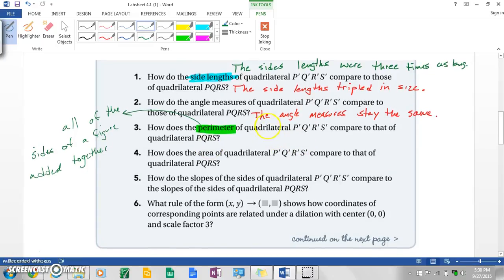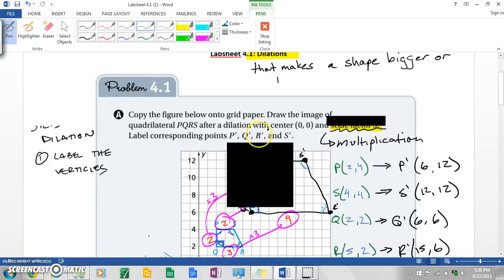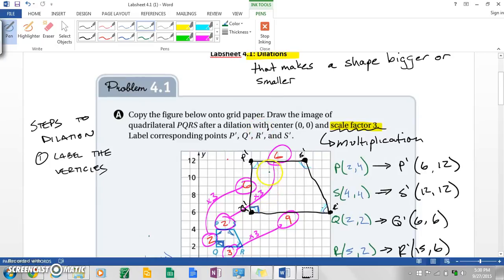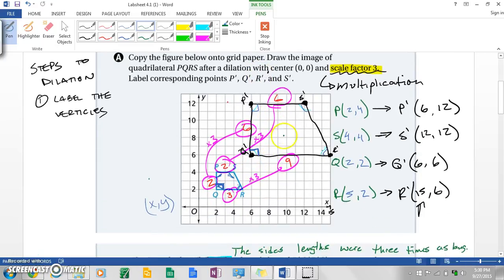It's going to ask us to compare the perimeter of our first figure to the perimeter of this figure. Understanding that we don't know this side length, we can't determine the exact perimeter.